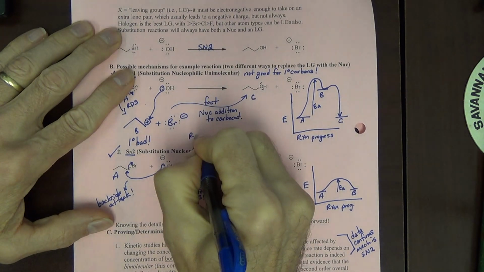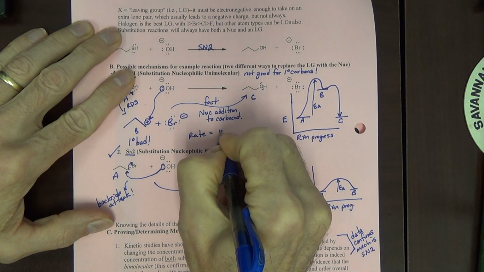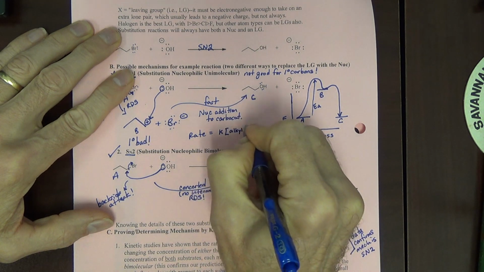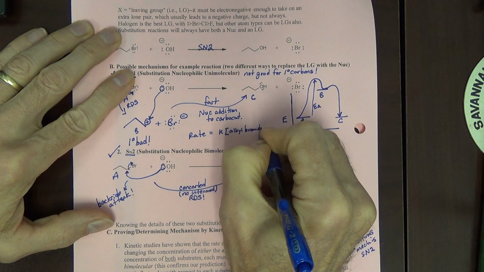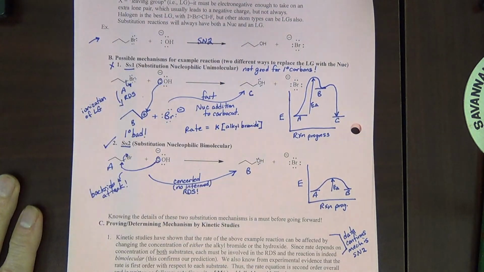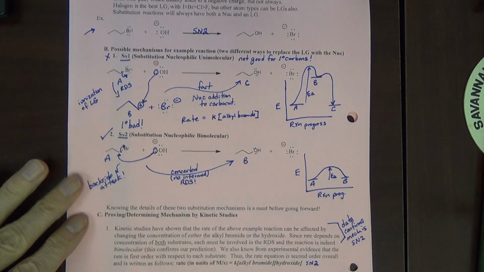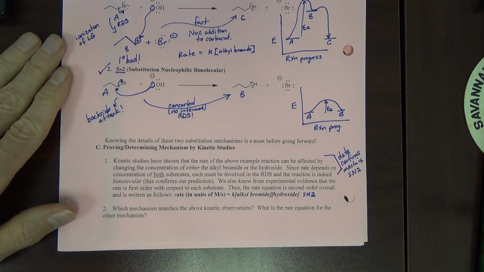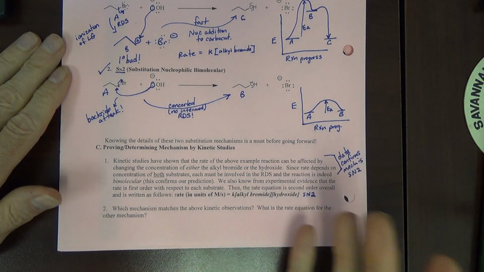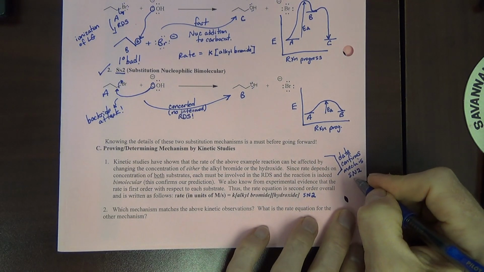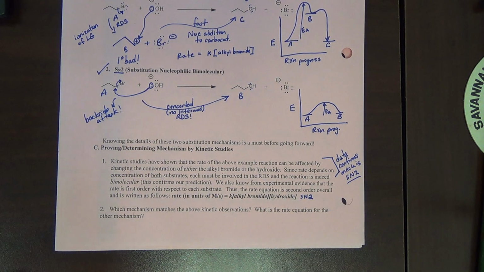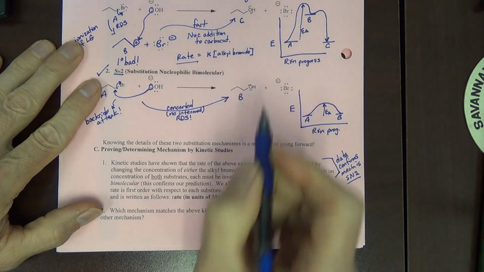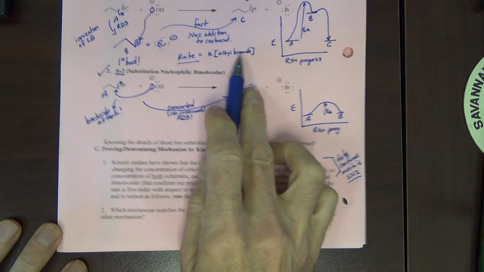For SN1, the rate equals k times alkyl bromide, and that's it. No hydroxide in the rate equation. Which mechanism matches the above kinetic observations? We've already explained that a couple of times. It is SN2. What is the rate equation for the other mechanism? Well, we just stated that here. It is just k times alkyl bromide.